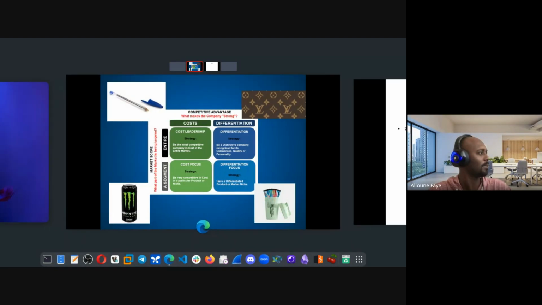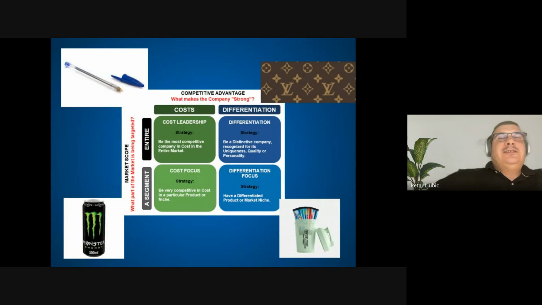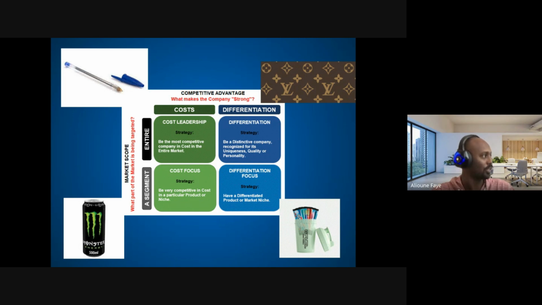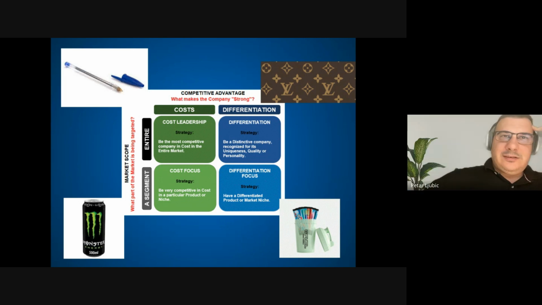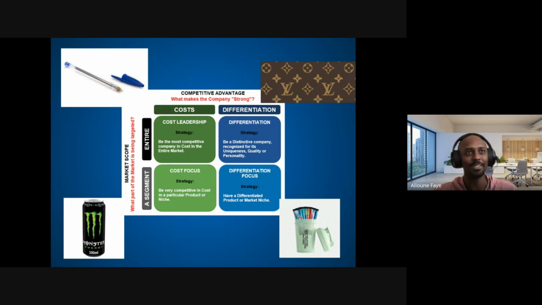Lighters, of course. Pens, lighters, shavers: same idea, right? Very cheap everywhere. Nobody can beat them. So that's why they have a competitive advantage, because they are competing on cost. Nobody can beat that.